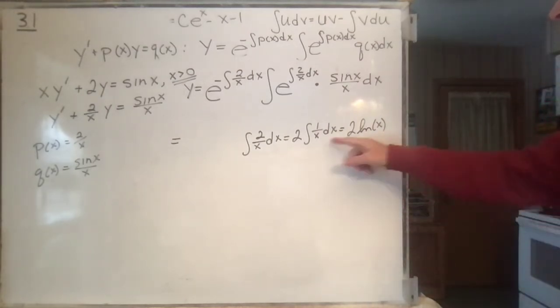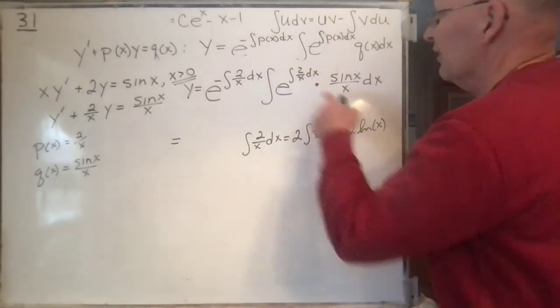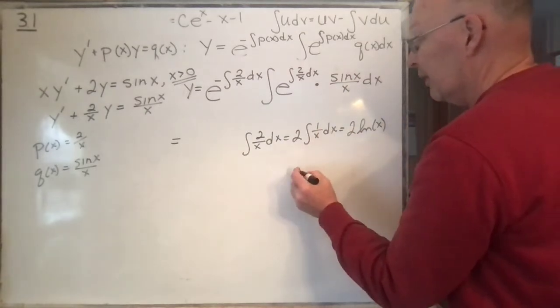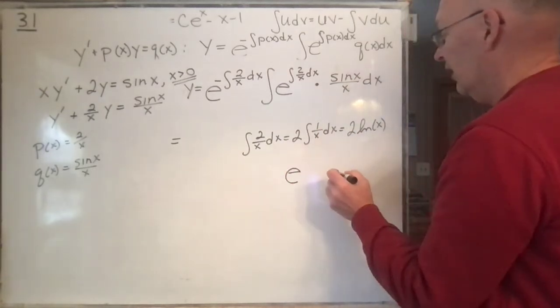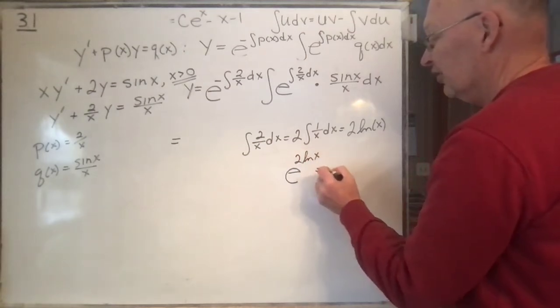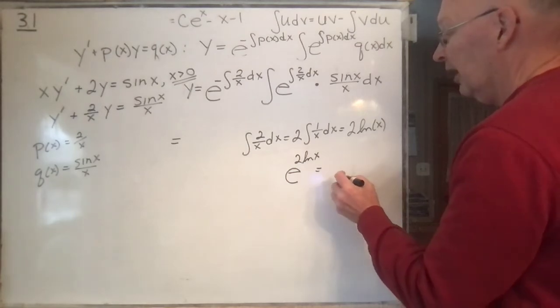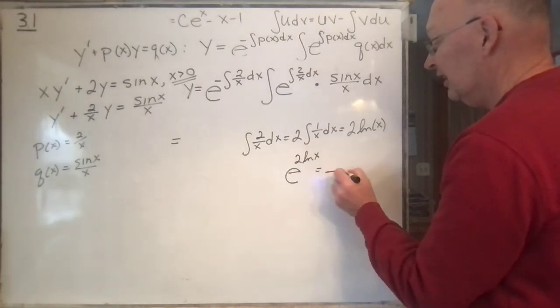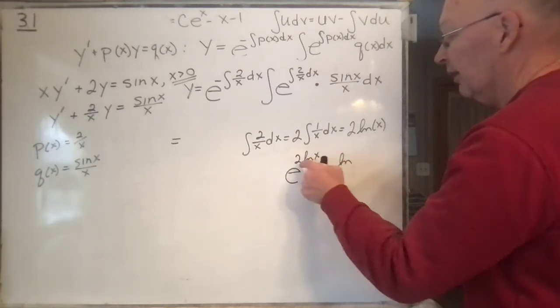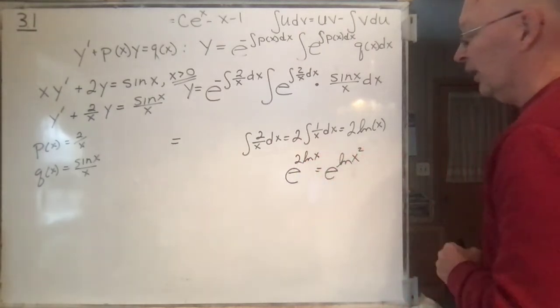Okay, so this is the case. This is equal to this. So when I take e to this thing right here, notice what we have. E to the 2 ln of x is just equal to, there's a couple ways to do it. I could bring this 2 up here and write it as e to the ln of x squared.